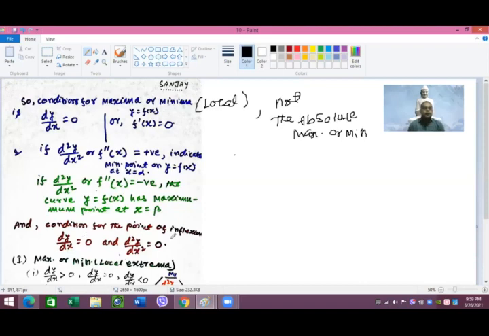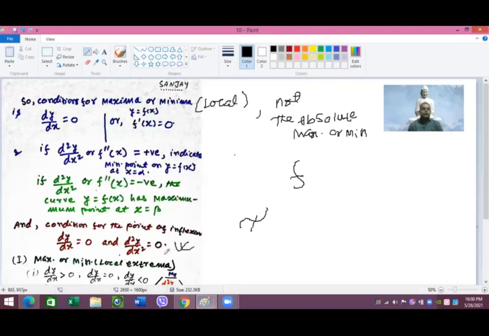And the condition for the point of inflection is that here we require dy dx equals to 0 at this bending point, somewhere like this. Okay, and also the second order derivative is 0. So by taking this condition, we can find the point of inflection.